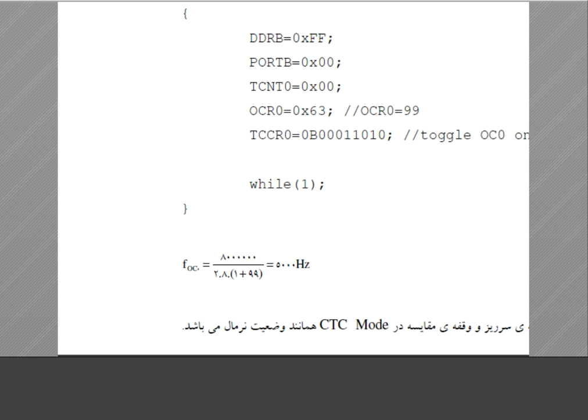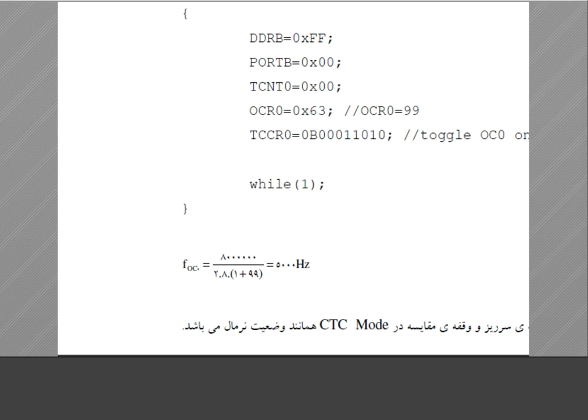Okay, each half of it is 100 microseconds. A clock pulse is 200 microseconds. A clock pulse over OC0, the duration of it is 200 microseconds.